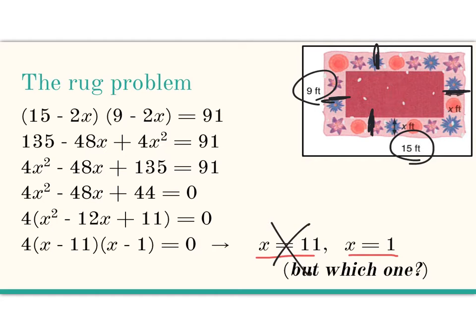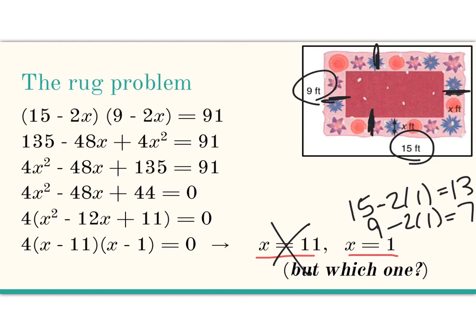But if we went with 1, if we said that this was 1, then we are saying that the raspberry field would have dimensions of 15 minus 2 times 1. That seems like 13. And the other dimension would be 9 minus 2 times 1. 9 minus 2 is 7.